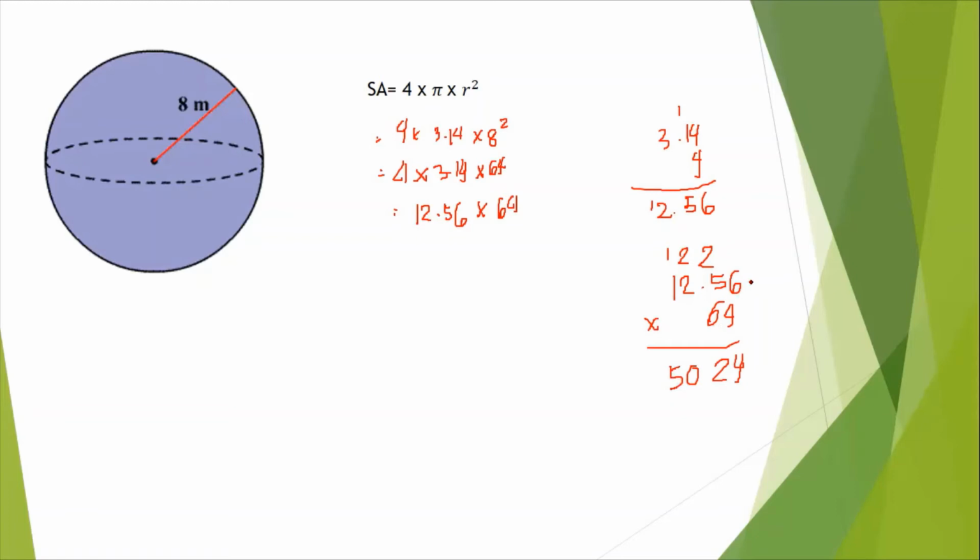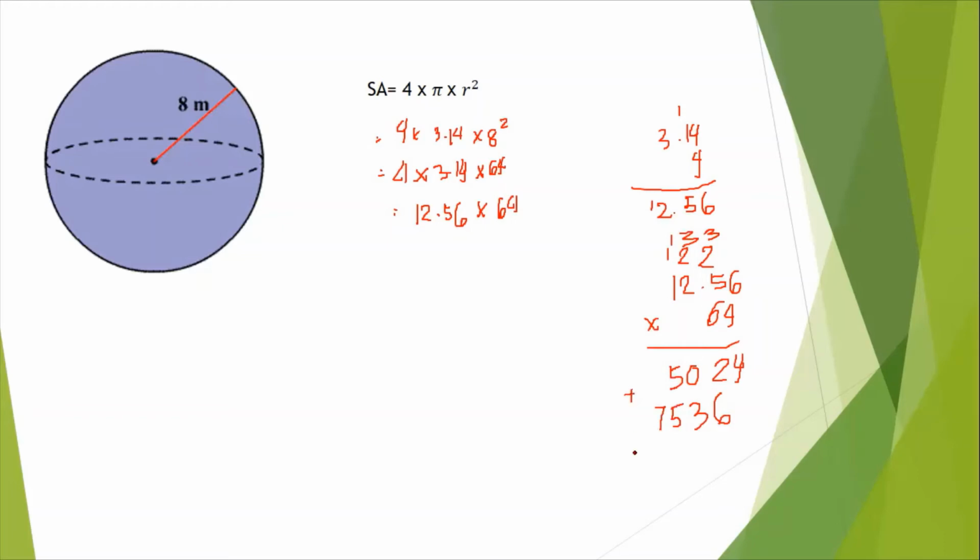So we have here 6 times 6, 36. 6 times 5, 30. 30 plus 3, it's 33. 6 times 2, 12. 12 plus 3, it's 15. 6 times 1 is 6, plus 1, it's 7.